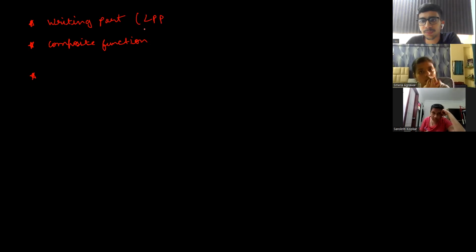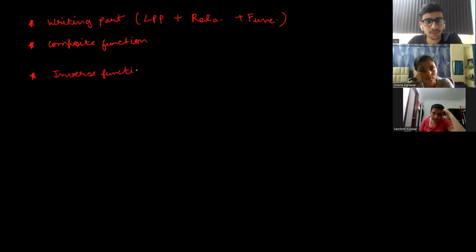How does that sound? I mean, वो तो तुम्हें समझ आ ही जाएगा ना, if you just read it and you'll get what you have to do. So writing part of LPP plus relations plus functions. Okay, composite functions is left. One more thing left is inverse functions, and that is it for relations and functions.